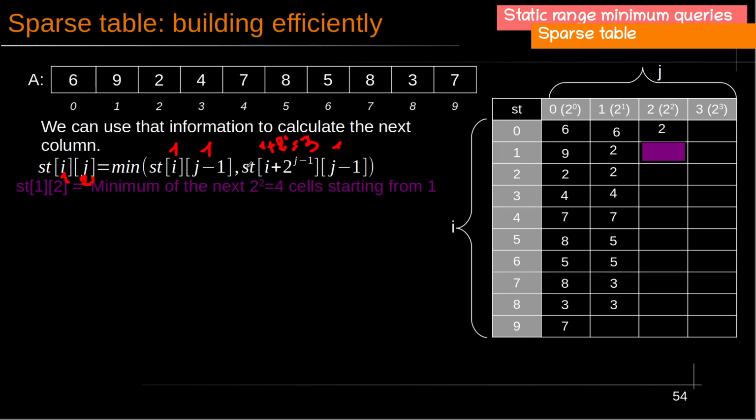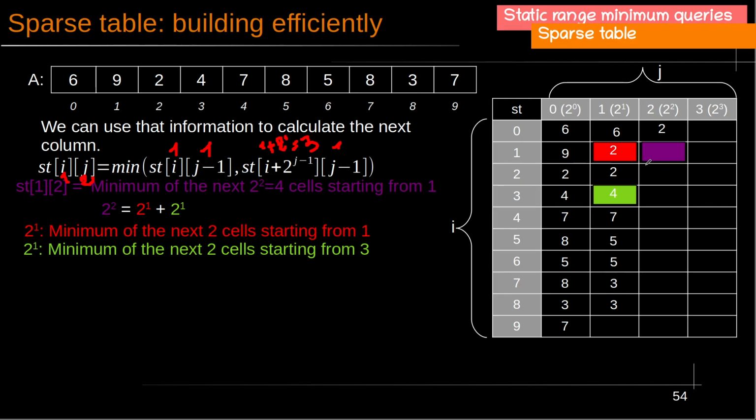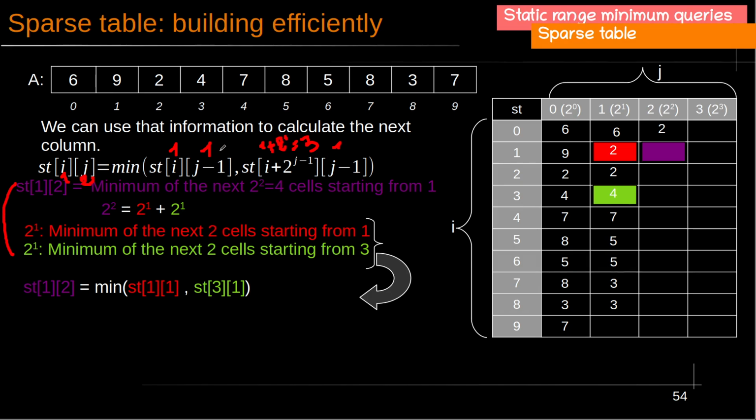So the minimum between ST11 and ST31, as we have seen here in the picture. This logic leads us to the same result here, which is 2, the minimum.